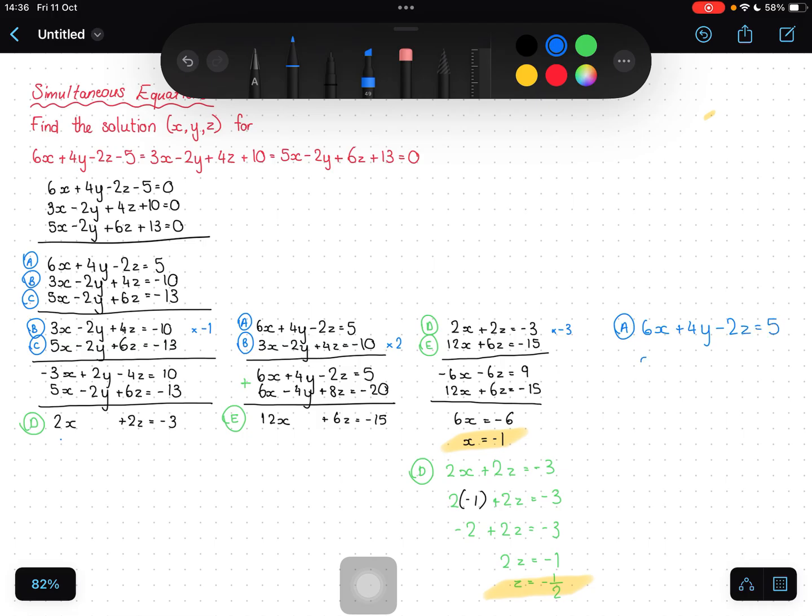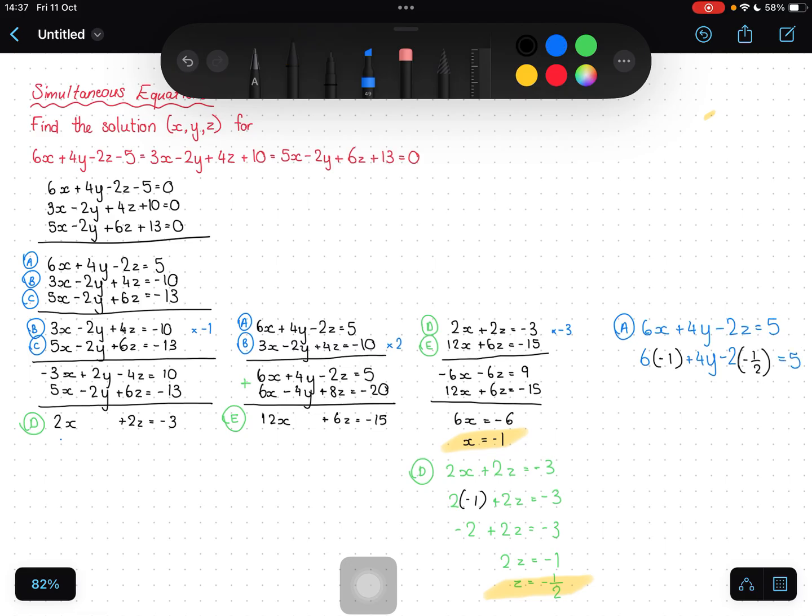So I'm going to sub in, so it's 6 by minus 1, plus 4y, y is what I'm trying to find, minus 2 times minus a half is equal to 5.